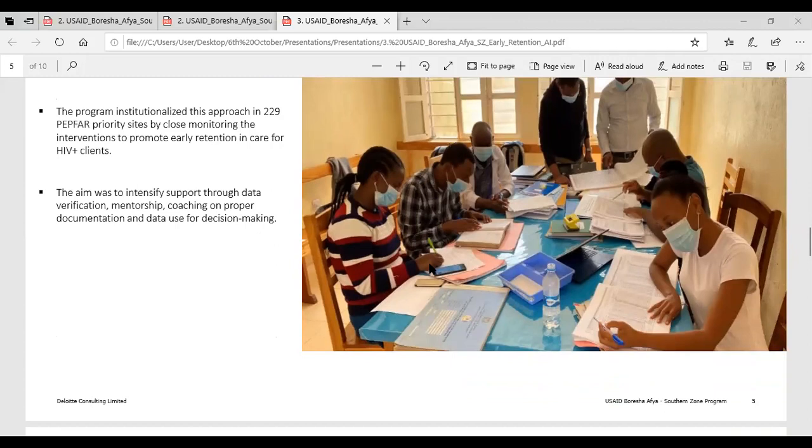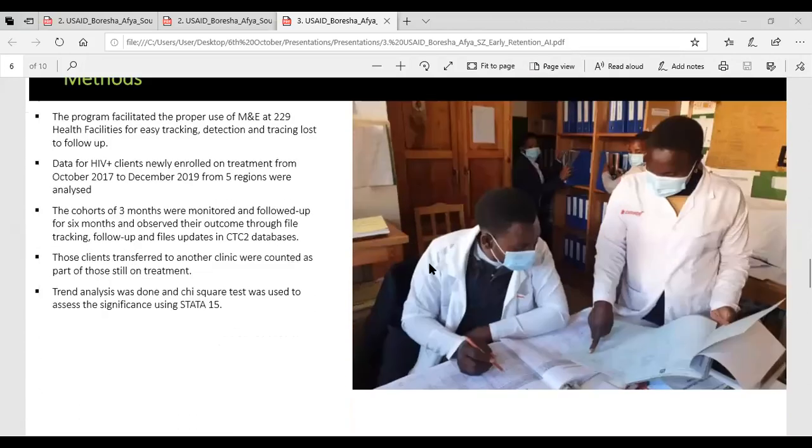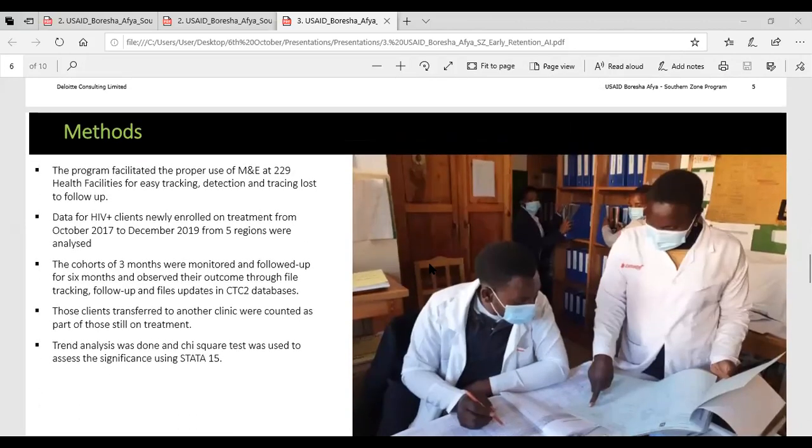When we were implementing this program, the program was ensuring that each facility is equipped with the necessary tools for documenting the interventions that the program is doing within those facilities.